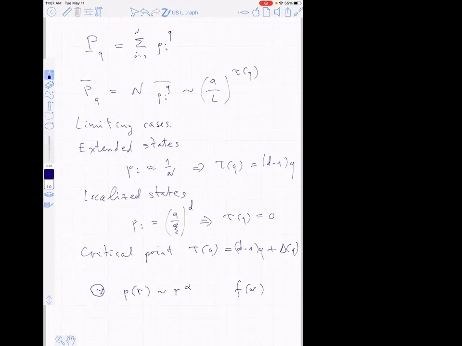One can argue that tau of q and f of alpha are related by a Legendre transform. That's the two faces of the multifractal analysis: you can do it either using the moments of the distribution of the density, or this local scaling. Okay, but that's just an aside.